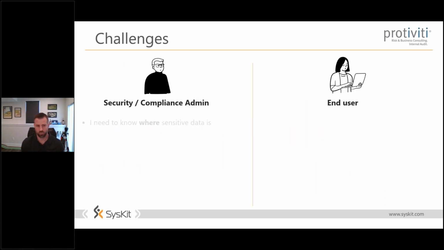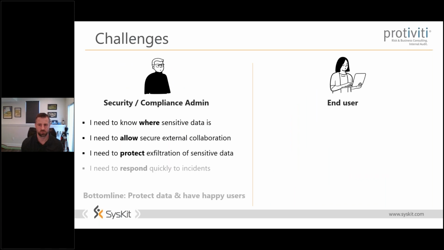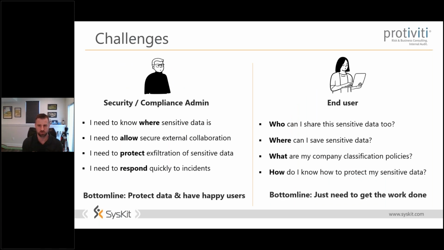Now, when I'm looking at the more specific user-based challenges versus organizational, we have two core roles, which are our security and compliance admins and our users that are consuming this information. So our security and compliance admins need to know where that data is, how they can allow secure external collaboration, protect against exfiltration, and also respond quickly.